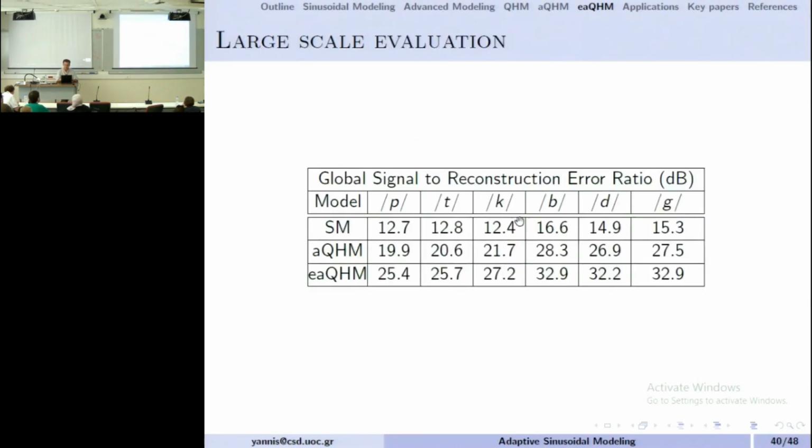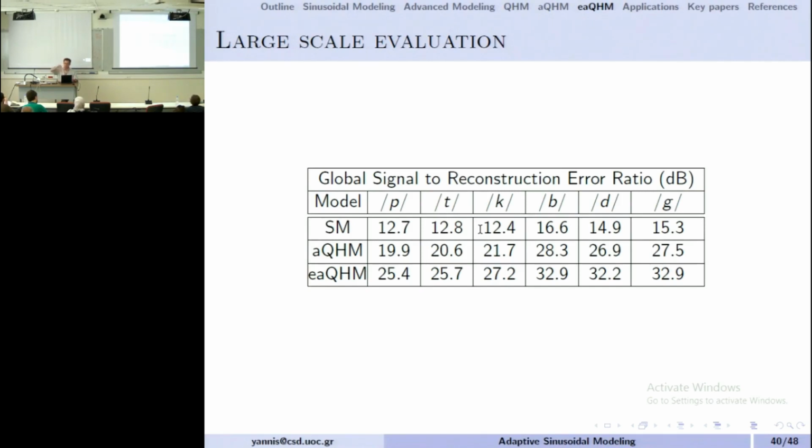And we did some tests on Pu, Ku, Bu, Ju, Gu, with the sinusoidal model, the adaptive quasi-harmonic model, and the extended quasi-harmonic model in terms of signal to reconstruction error ratio, and this is in dB. And you see that indeed, in these areas, the sinusoidal model cannot handle that because it is just a sum of sinusoids.